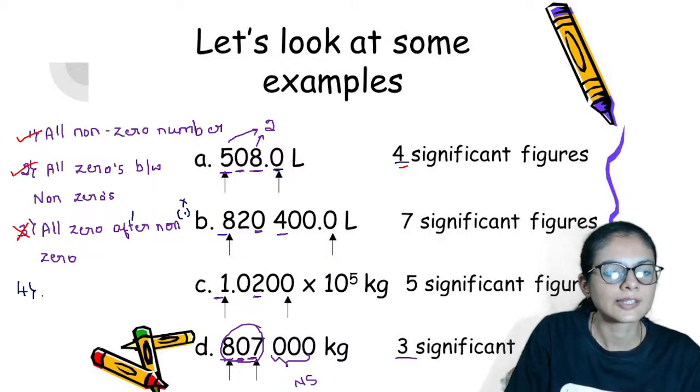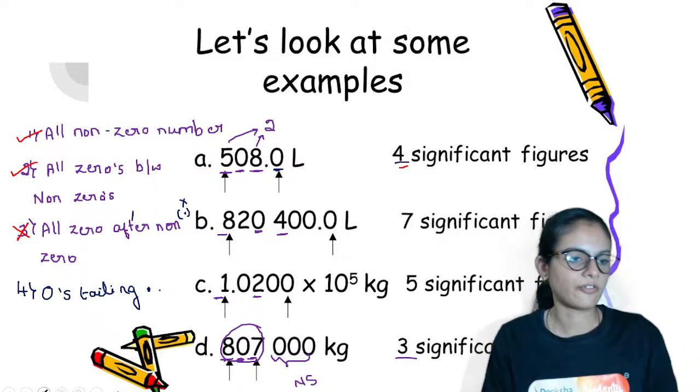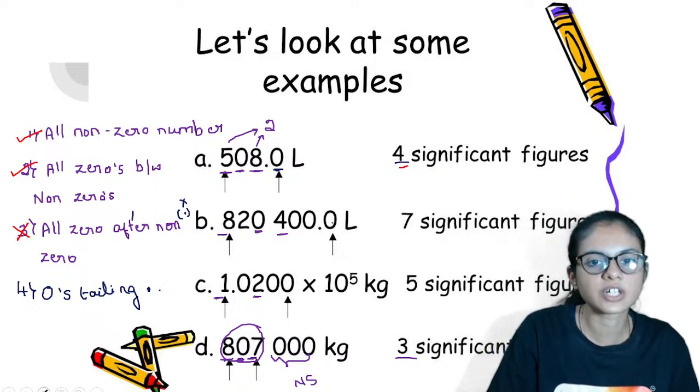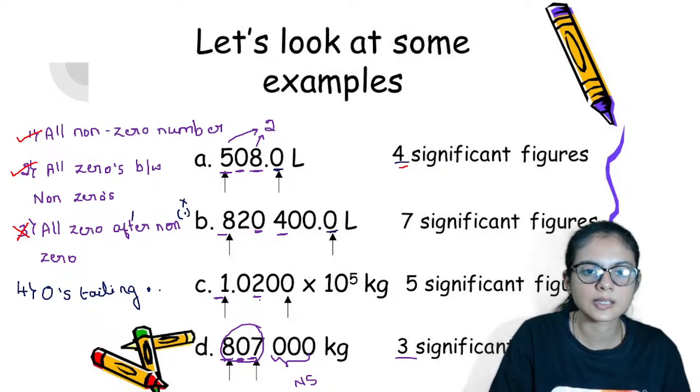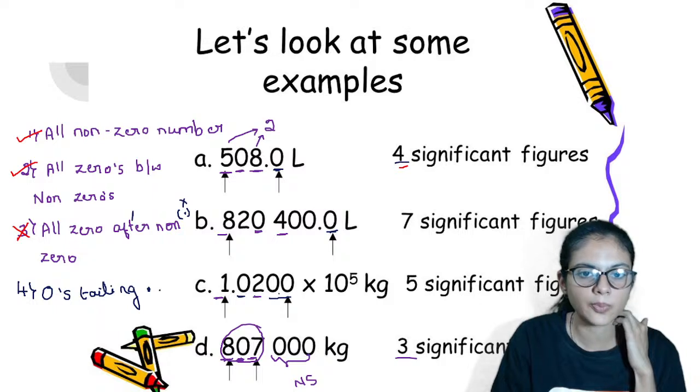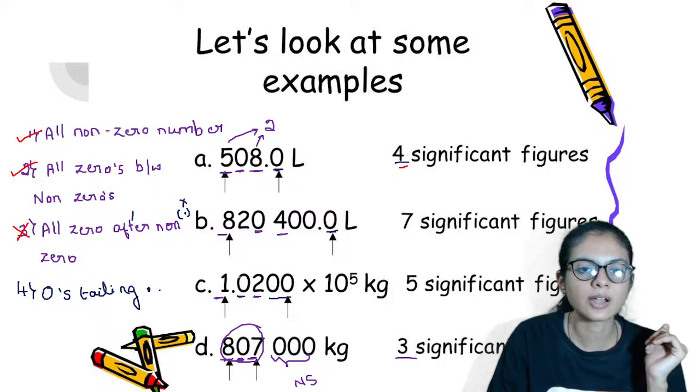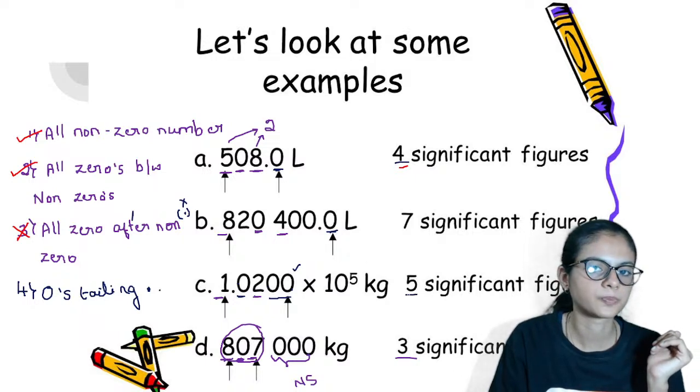So trailing zeros after the decimal point are significant. This zero and these zeros are also after the decimal point, so they are significant. So 1 2 3 4 5, we'll get five significant figures, four significant figures, right?